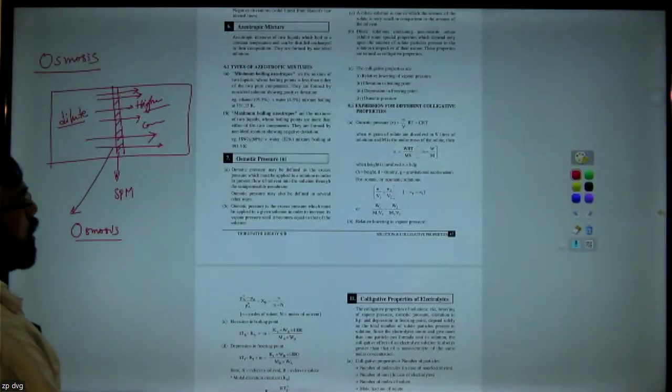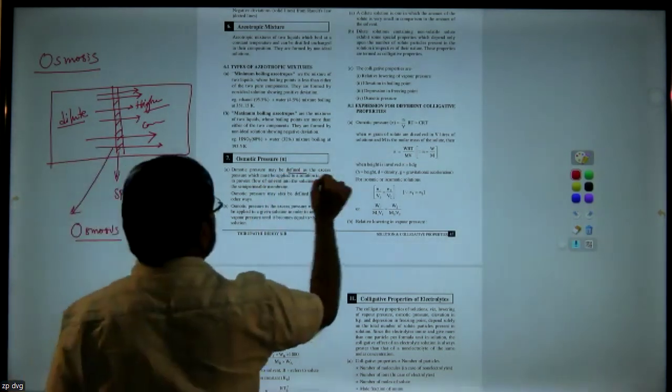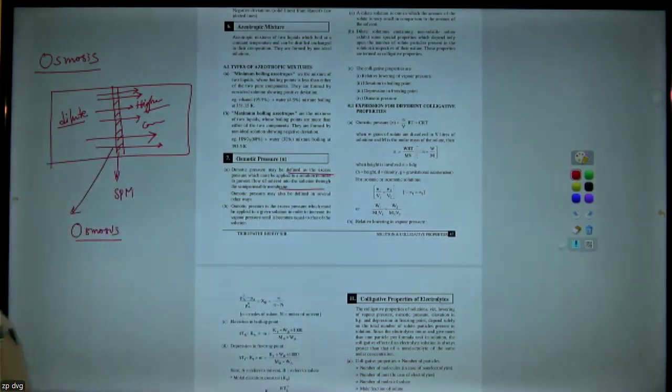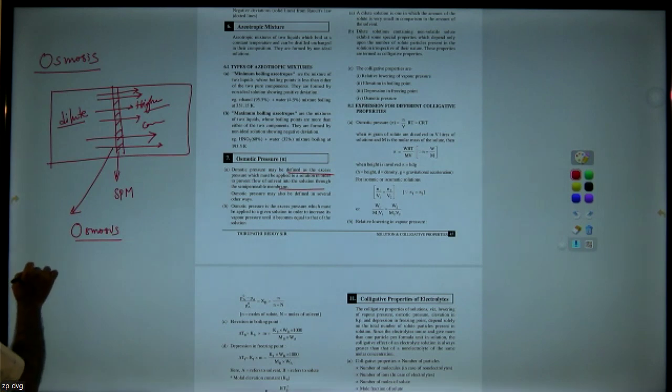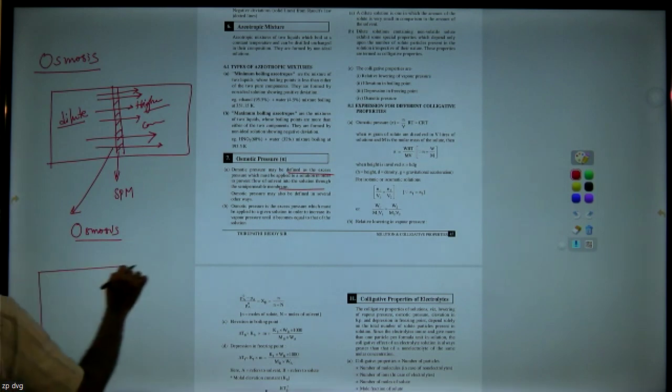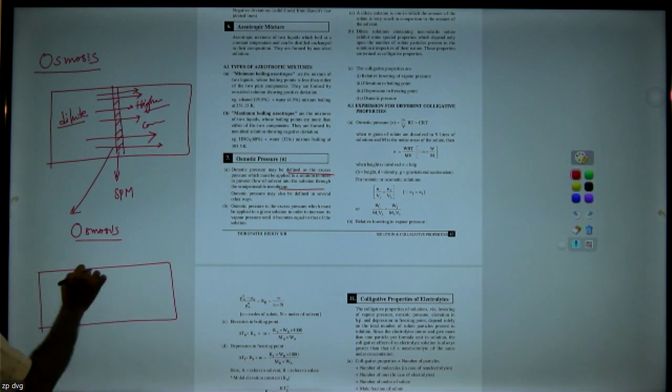What is the osmotic pressure? Osmotic pressure is a colligative property. To stop the osmosis, we need to apply some extra pressure on the solution.